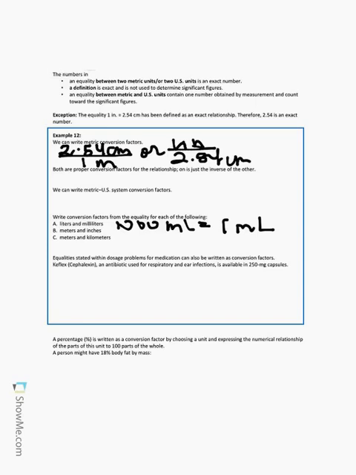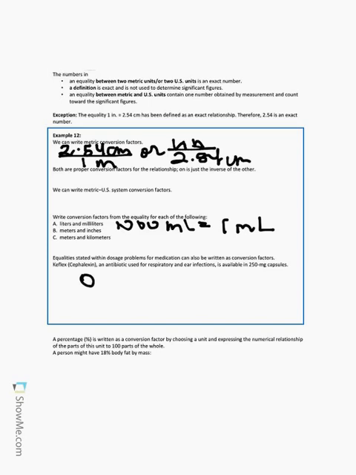We said that there are 2.54 centimeters in 1 inch. Therefore, there are 0.02... Remember that there are 100 centimeters in a meter.